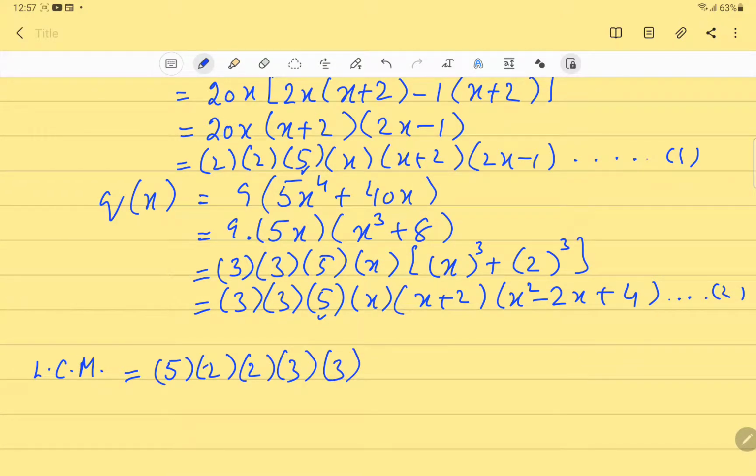Now we go toward the expressions. What are the common expressions? Like x is common, so we will write x. Then x plus 2 is common, so we will write x plus 2.